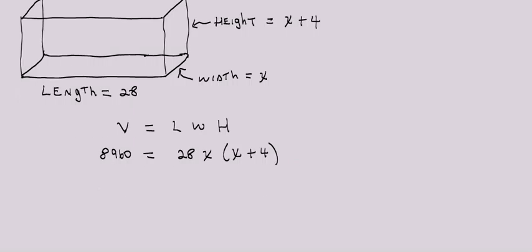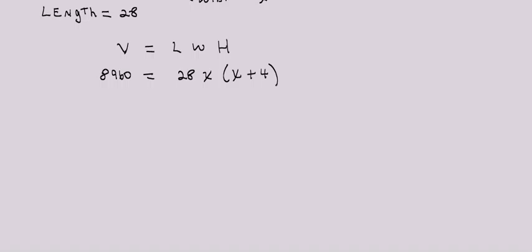All right, now you could just distribute the 28 through the parentheses and proceed from there, but when you look at 8960 and 28, you observe that they're both even numbers. So you can divide 2 into both, and then you discover that you could divide 2 into both again. So you can actually divide 4 into 8960 and 4 into 28.